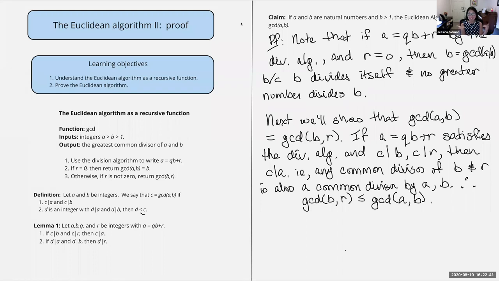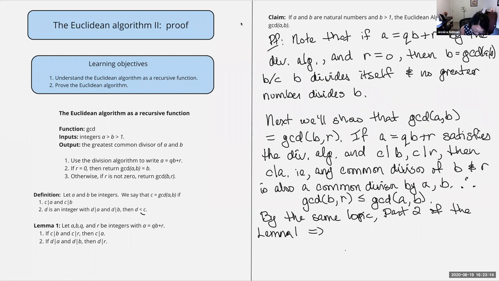By the same kind of logic, part 2 of our lemma 1, I guess we only have one lemma, implies that the GCD of A and B is less than or equal to the GCD of B and R, okay?